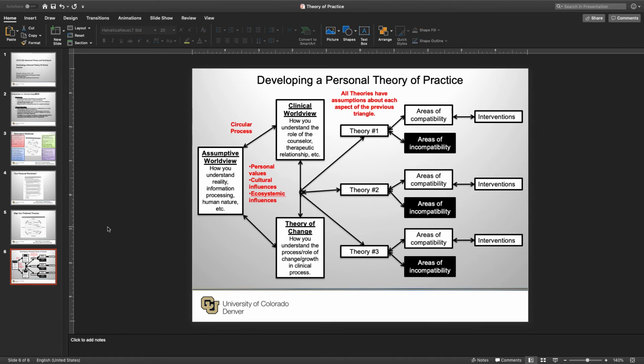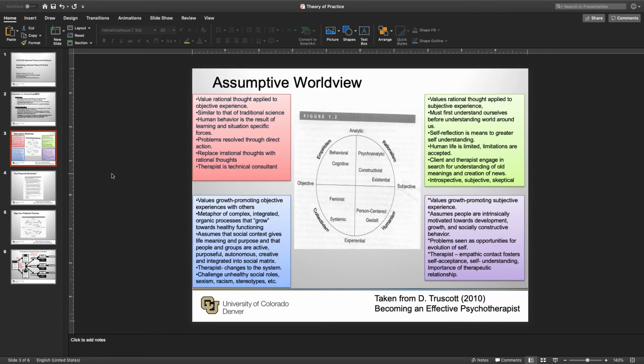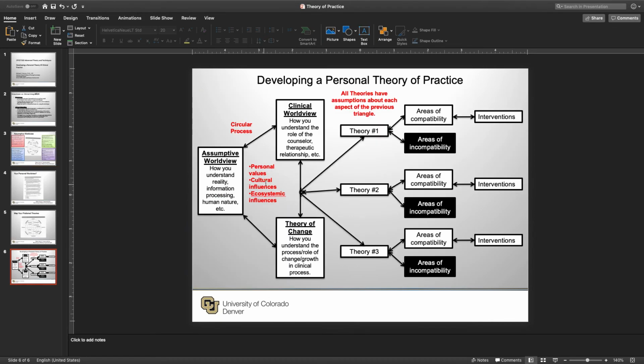And so I really began to look at, how do you start this process? You start the process through a pretty rigorous process of self-assessment and looking at your own assumptive world, which is what we were talking about in this slide, the beginnings of this.